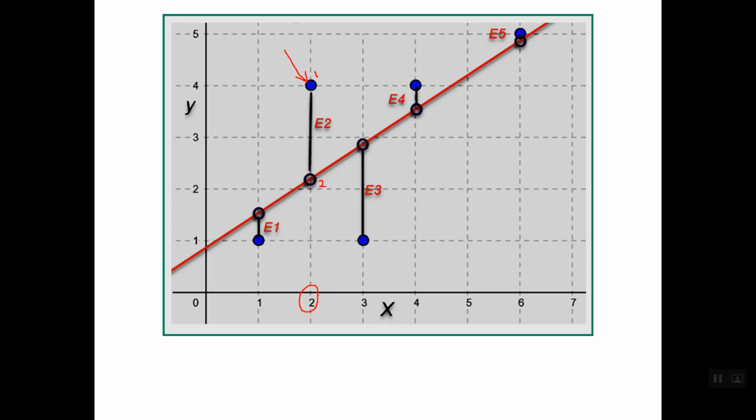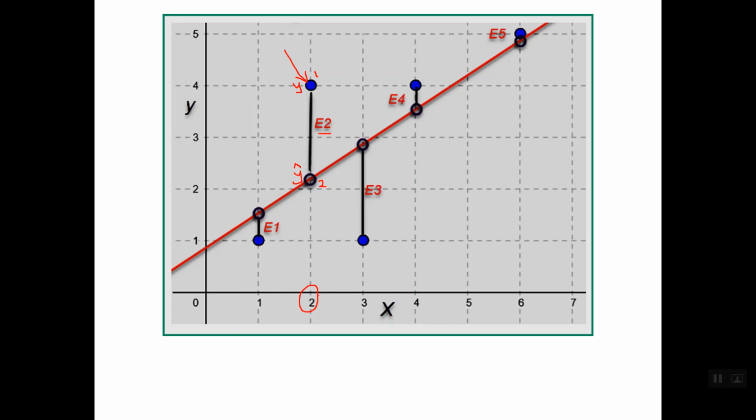So here we have what's called y, and here we have what's called y hat, because it is the predicted value on the regression line. So we have here an error, which is simply the difference between the actual value and the predicted one. So this is called E2.